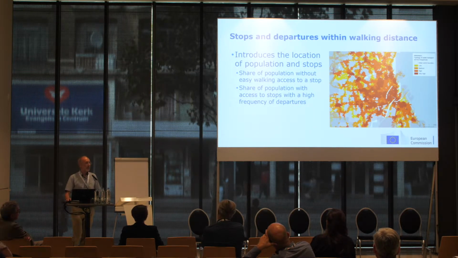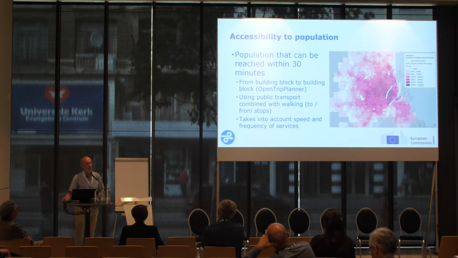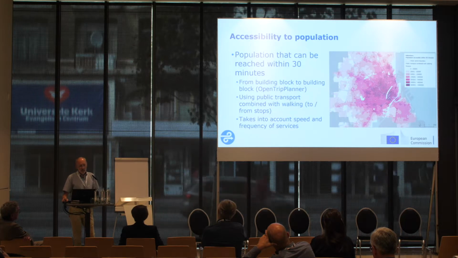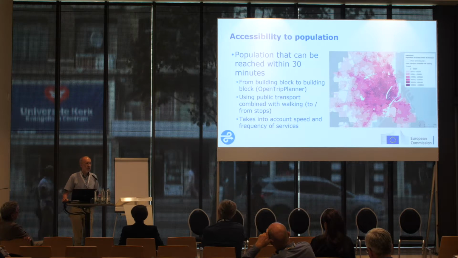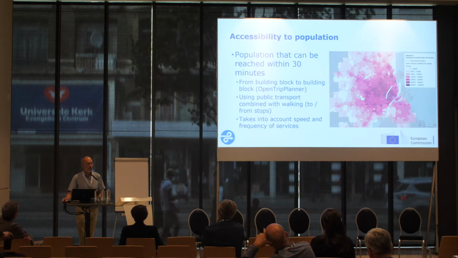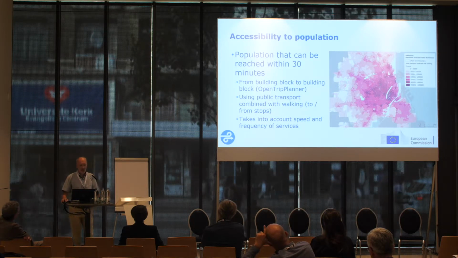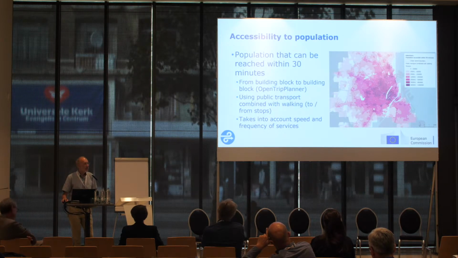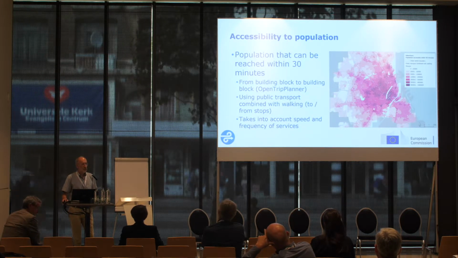What is still lacking is in how far these services bring you somewhere where you want to be. So accessibility, and here we will focus on accessibility to residential population. We have assessed it by running origin-destination calculations from each populated building block to each other building block in the same urban center. And then counting simply the population that can be reached within 30 minutes.